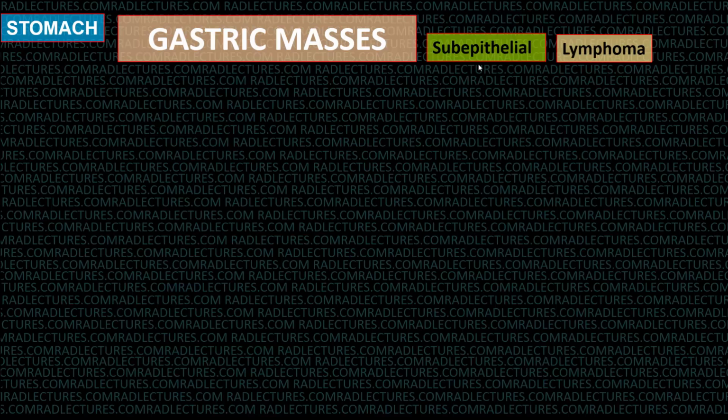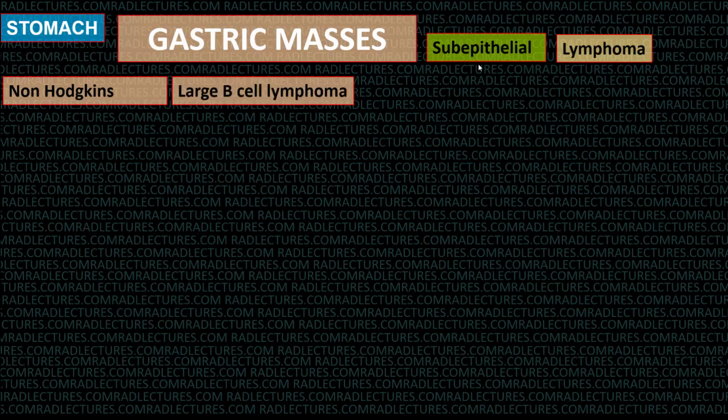Going to subepithelial tumors, lymphoma is the most common subepithelial tumor. Non-Hodgkin's lymphoma is the commonest lymphoma. It's almost always non-Hodgkin's. Very rarely Hodgkin's occurs, but almost always it is non-Hodgkin's. And in that, it is the large B-cell type lymphoma that involves the stomach.